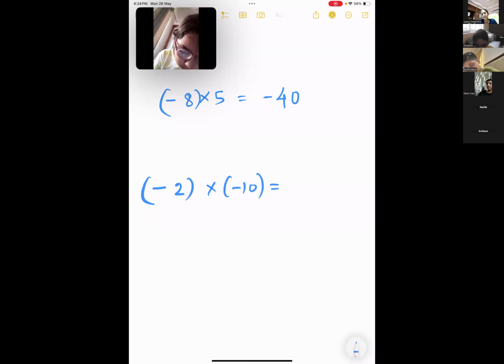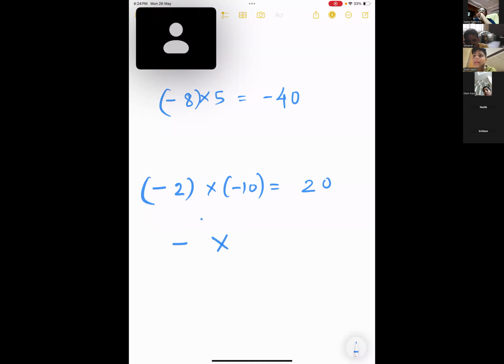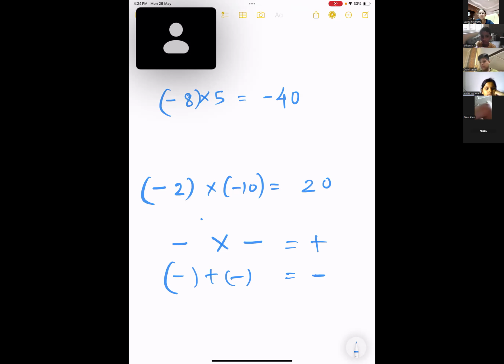Just give me the answer. Okay, so Hazel, 2 times 10 is 20, but a negative multiplied by a negative becomes a positive. This is the difference, which means minus into minus is a positive number. But when I add the minus, although we are adding, the symbol becomes a negative.